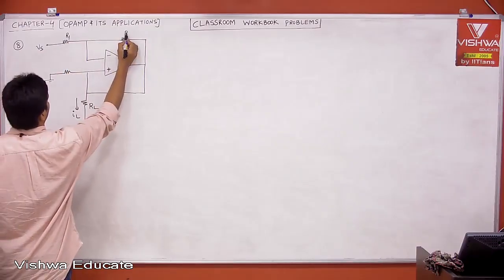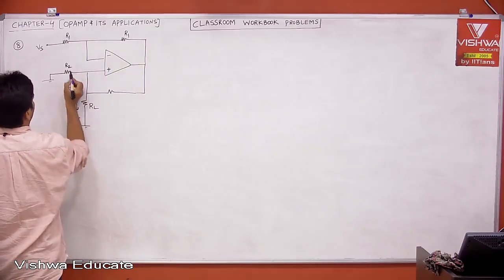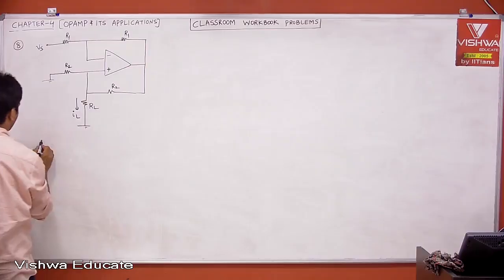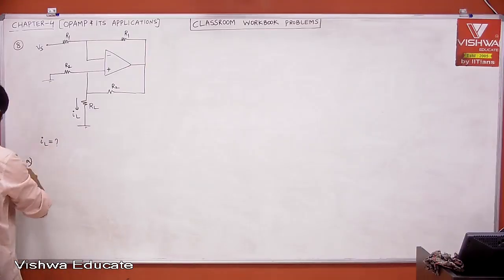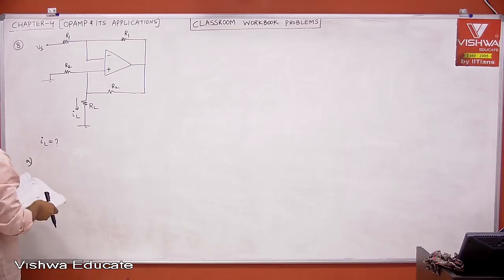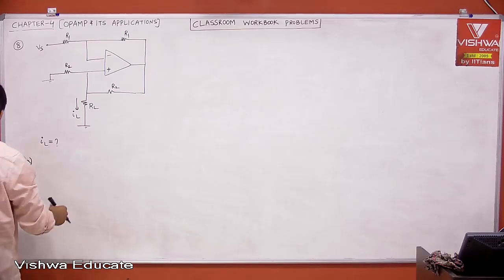R1, R1, R2, R2. Therefore, it is asking for IL. Option A, I'm just taking the options, you'll understand.